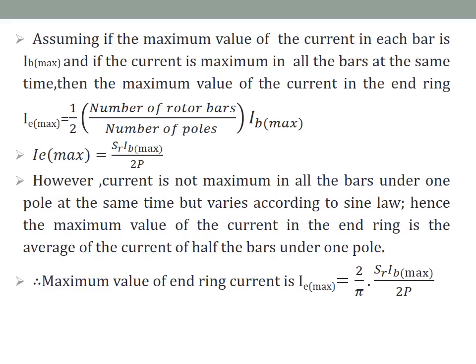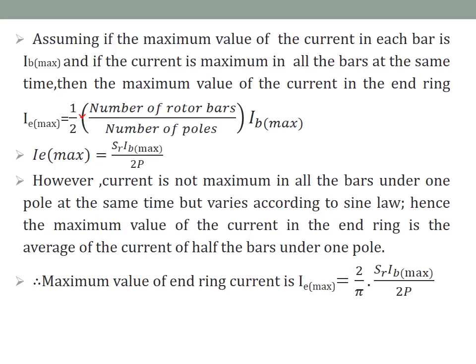Now, for instance, assuming the maximum value of the current in each bar is IB max, but it is not true, we are assuming. If the current is maximum in all the bars at the same time, then the maximum value of current in the end ring is IE max equal to half into half number of rotor bars divided by number of poles, that is rotor bars per pole, multiplied by IB max.